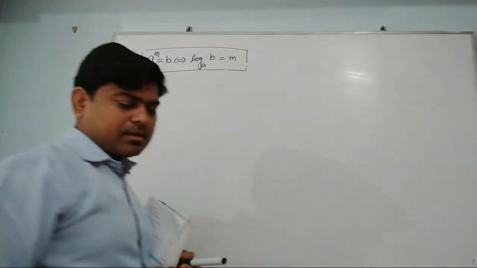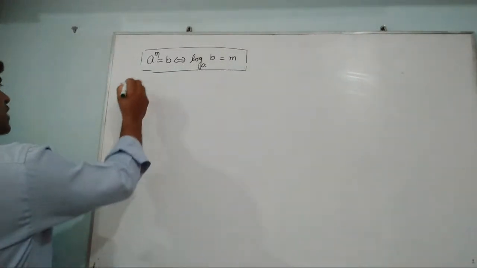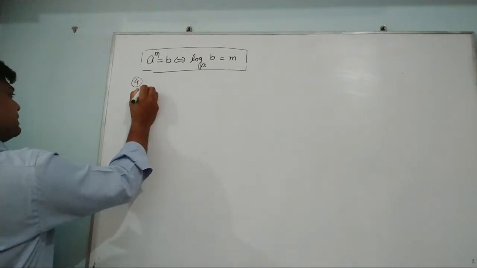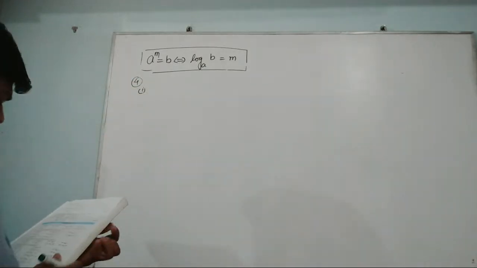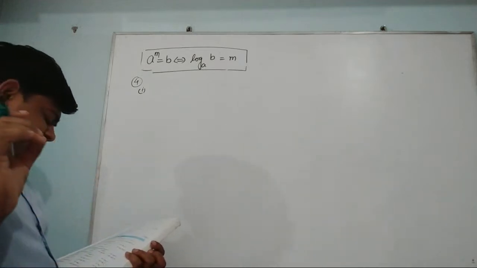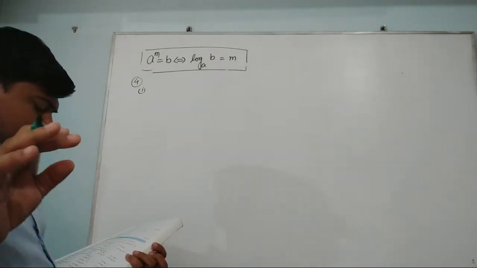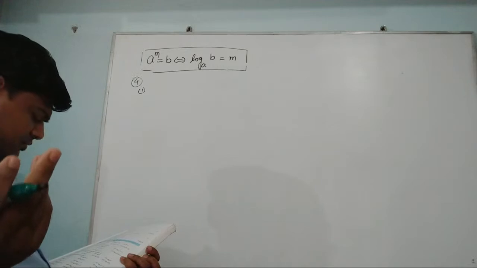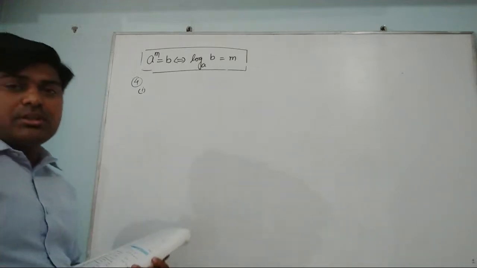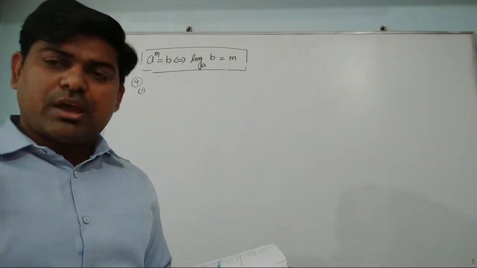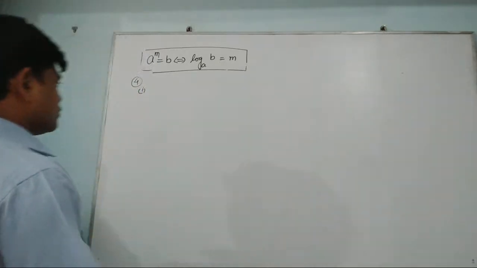Now see, I'm going to start with question number 4, first part. I'm writing all these three types of the question, but actually in question number 3, that one type where the logarithm is equal to x, we have already done. So there are two types of the question.